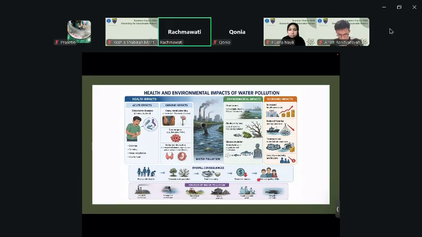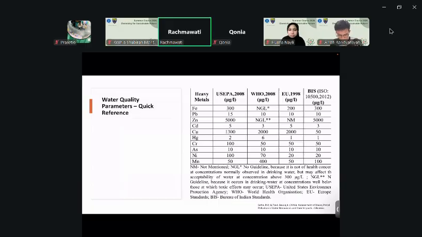And then for the water itself, there are several standards which state or quantify what is deemed healthy water. So there are physical characteristics. For example, the turbidity unit, the volumetric turbidity unit. It's the cloudiness of the water.